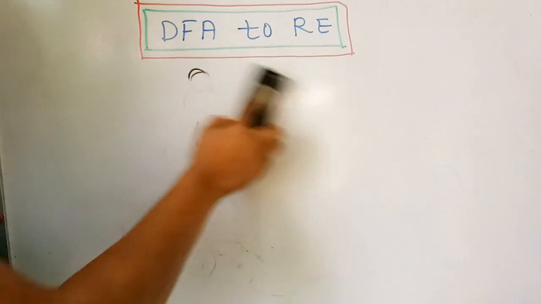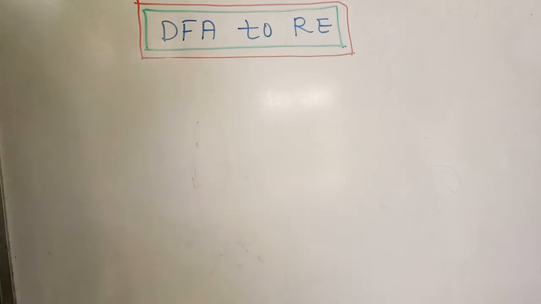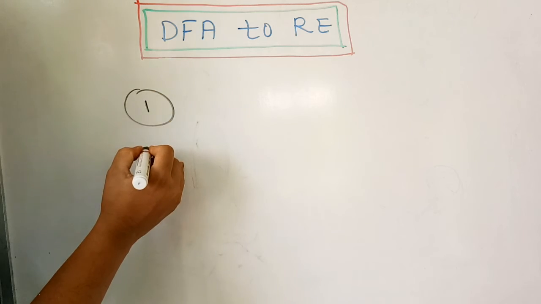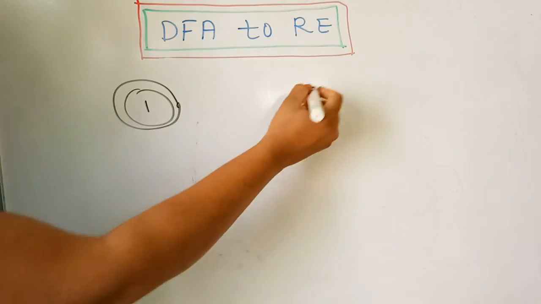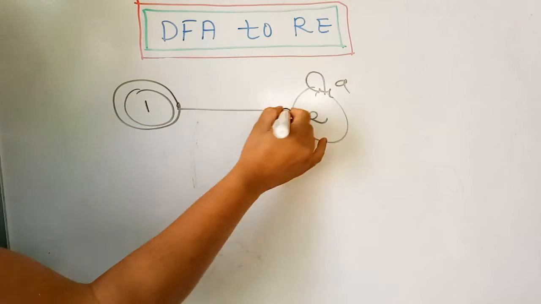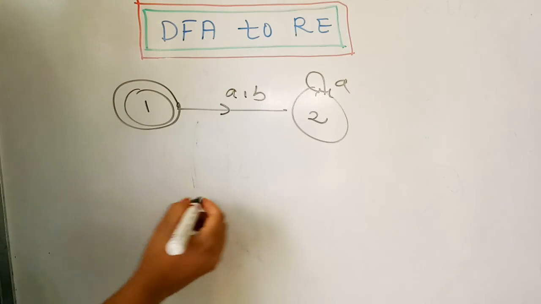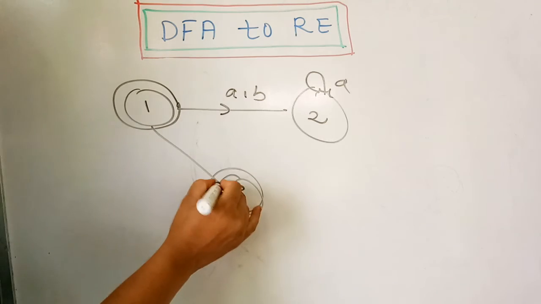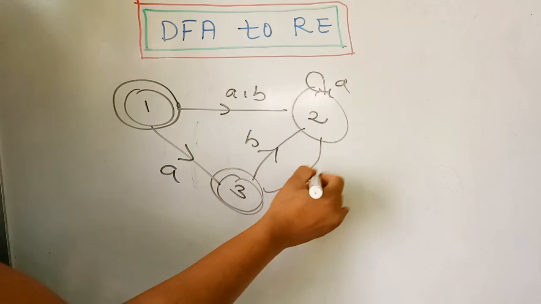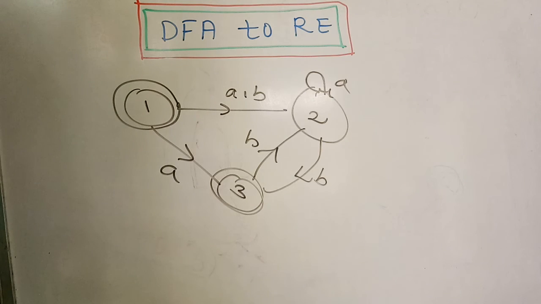Coming to the next, we will take another example. For example, it is a one state and it is a final state. Then it is a 2 having the A self loop, it has AB. Then 3 is again a final state and it can be like B, B. So how will it be converted?